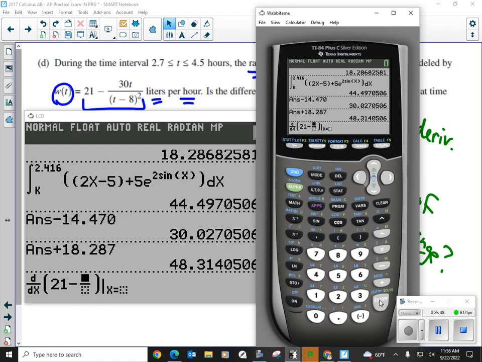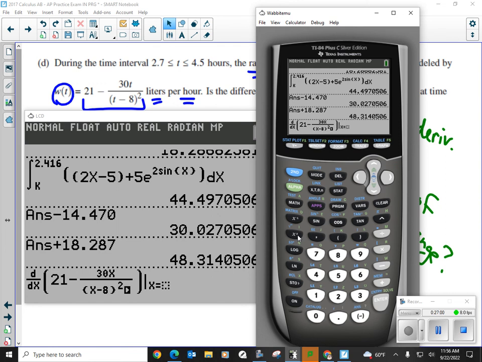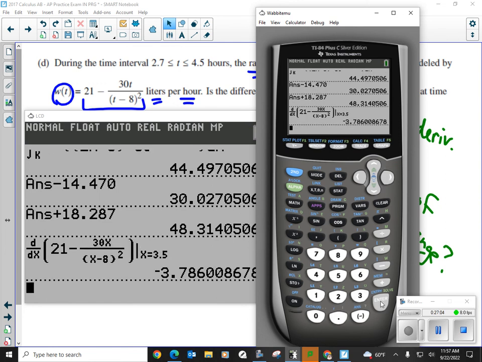The fraction of 30x over (x minus 8) squared. I want that when x is 3.5. Boom. That is W prime of 3.5, the increase or decrease of that rate at 3.5.